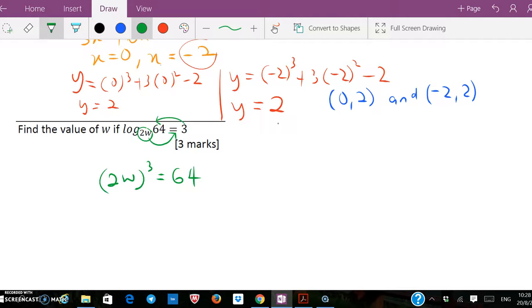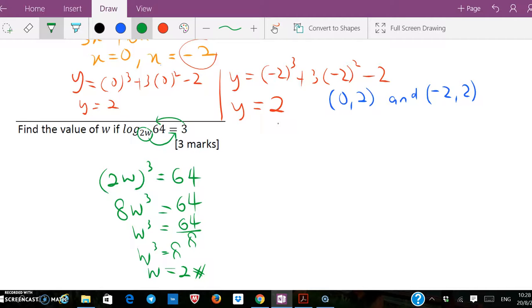That is how we change from log to indices. So here 8w to the power of 3 is 64. w to the power of 3 is 64 over 8, which is 8. So w must be 2.